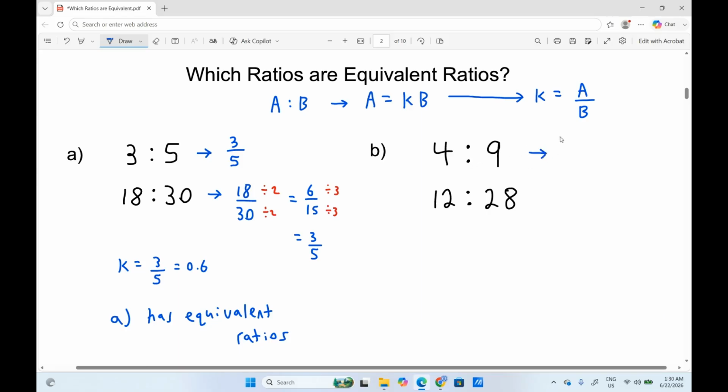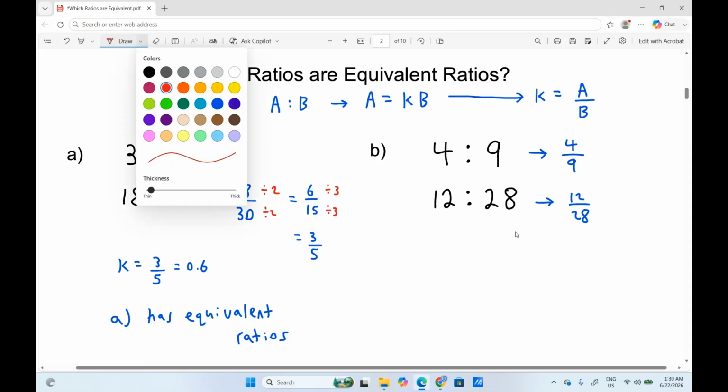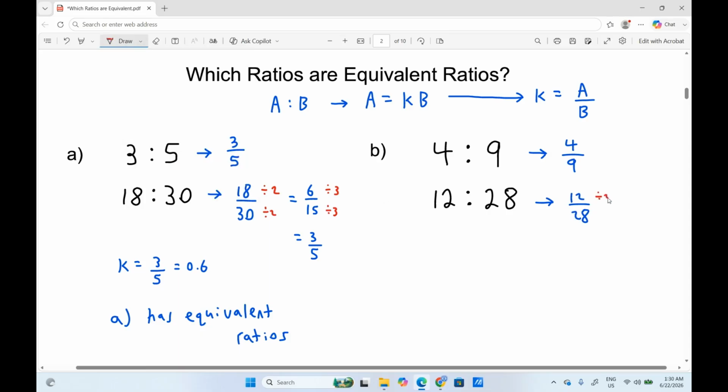So again, for 4 to 9, my constant of proportionality would just be 4 over 9. And now for 12 to 28, my constant of proportionality will be 12 over 28. So let's try to reduce 12 divided by 28. So I'm going to divide both the top number and the bottom number by 2.